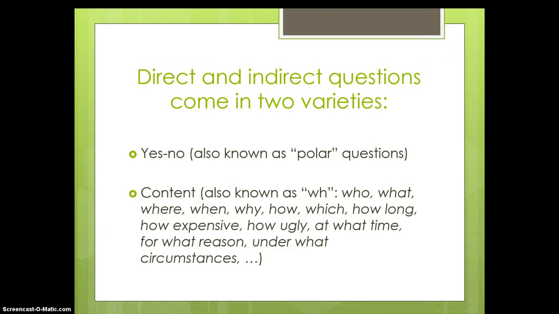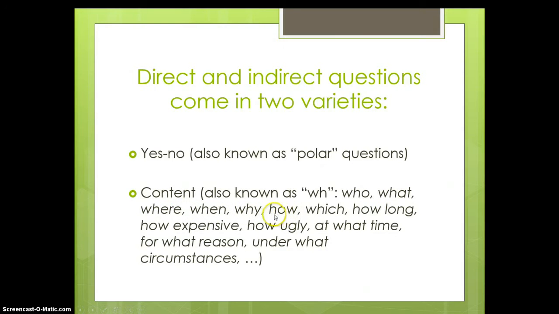So, direct and indirect questions come in two varieties. There are yes-no questions, also known as polar questions. They're the ones that can be answered with a yes or no. And there are content questions, also known as WH questions, because the words or phrases that begin them typically begin with WH, such as who, what, where, when, why, how.